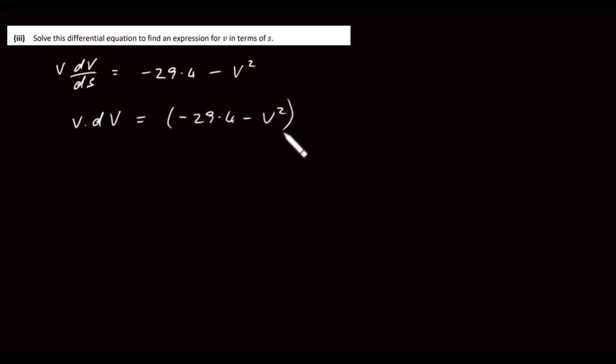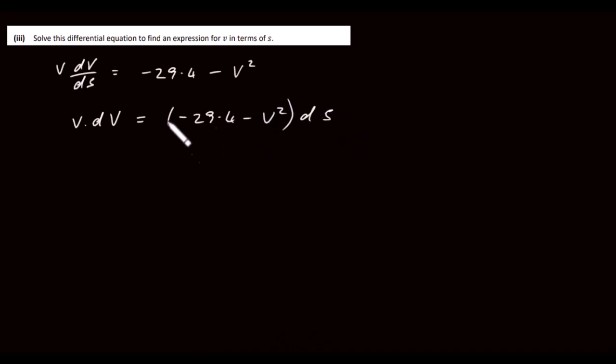Solve this differential equation to find an expression for v in terms of s. Okay, so let's just write it down first. We've got v dv ds is equal to minus 29.4 minus v squared. So let's just get rid of that ds on the left hand side. v dv is equal to minus 29.4 minus v squared times ds.